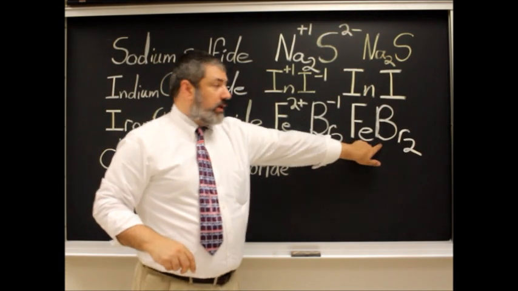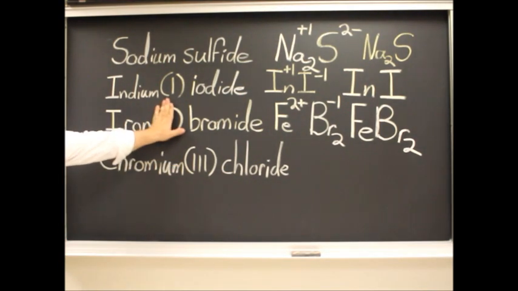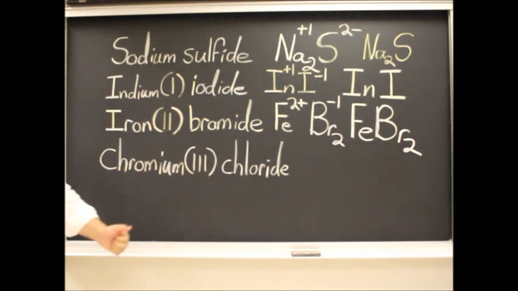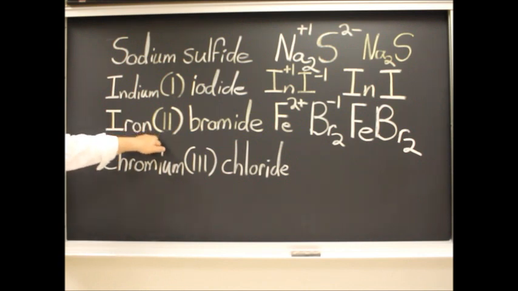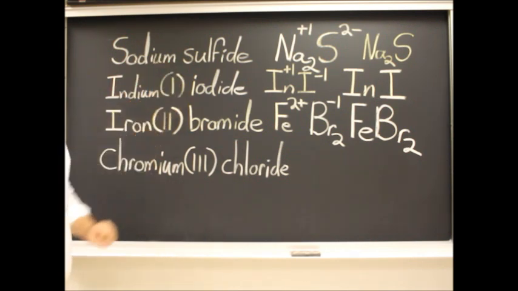If I gave you the formula, again, you would have to write out iron 2 bromide. If you just wrote iron bromide, it could be iron 1 bromide, iron 2, iron 3, iron 4, and so forth. So you must be explicit in the names of transition metals and group 13 elements and some of the group 14 elements like tin and lead, but we haven't talked about tin and lead specifically.